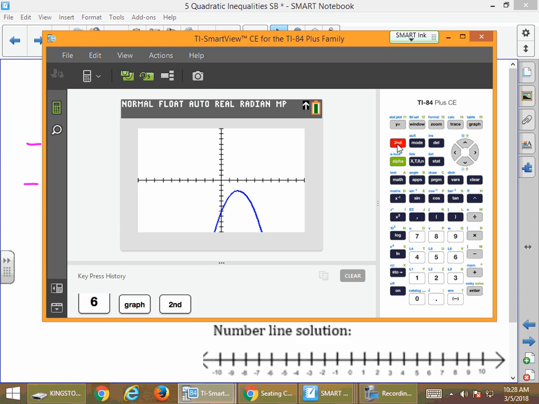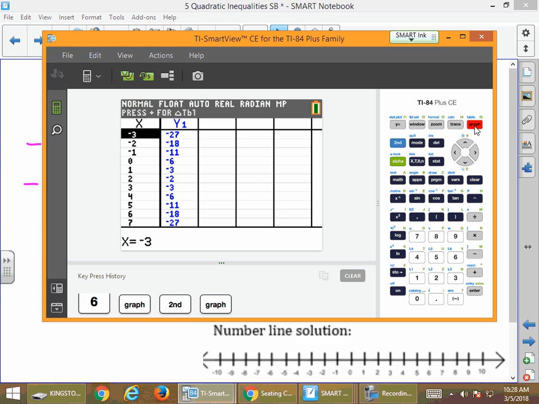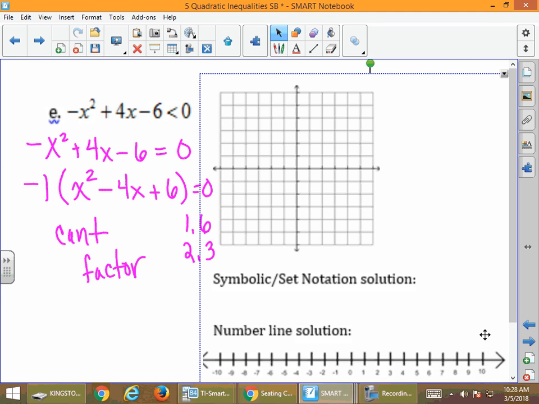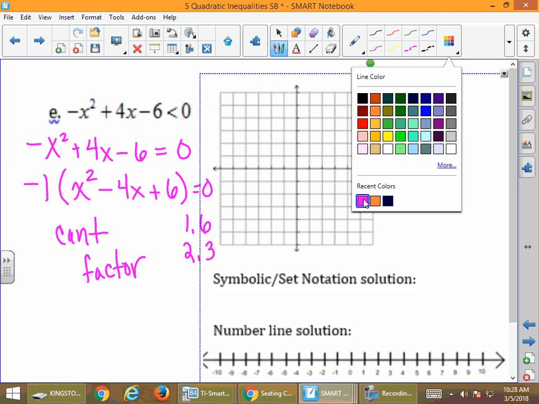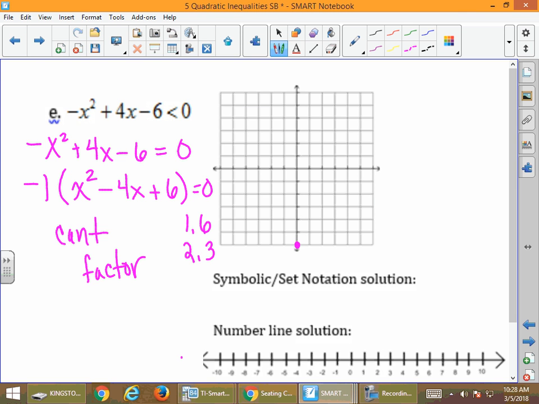We can type this in. Looking at some points here. So we have 0, -6, and 1, -3, 2, -2, so here's our picture.